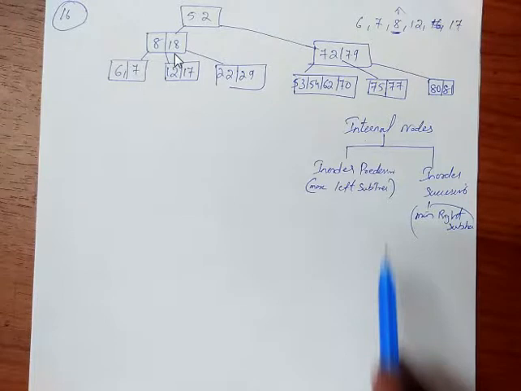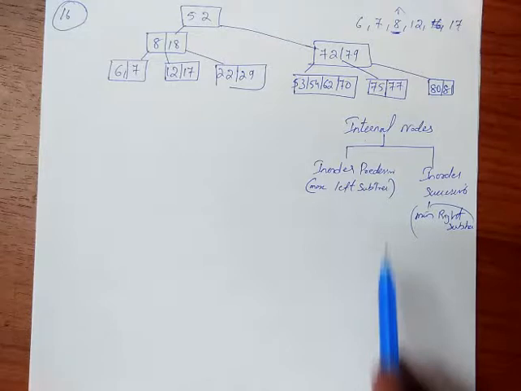Okay, up to now we deleted data values from leaf nodes. From now onwards we can delete data values from internal nodes. In the case of internal nodes, there are also two possible ways. When we delete a particular data value from an internal node, we have to replace that data value with either the in-order predecessor or the in-order successor.